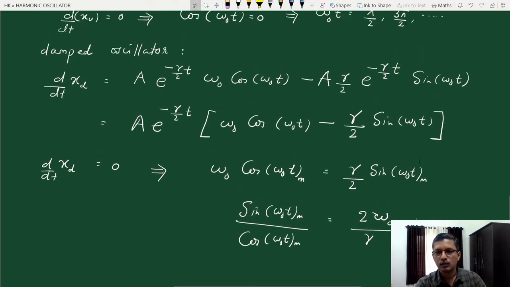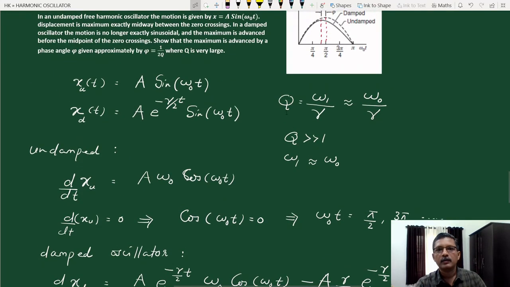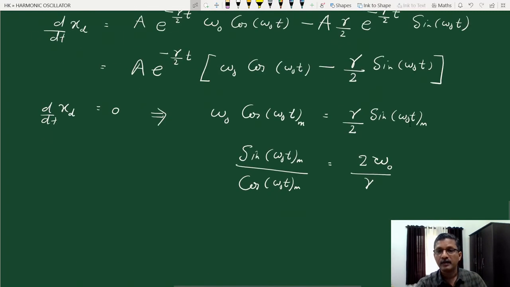So what is this 2 omega 0 by gamma? We know that quality factor is equal to omega 1 by gamma, which is approximately equal to, in this case, omega 0 by gamma. So here we can write the right hand side as 2 times quality factor. Okay. Now let us make an approximation.